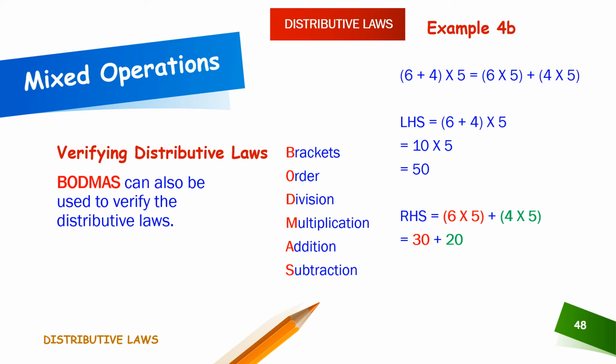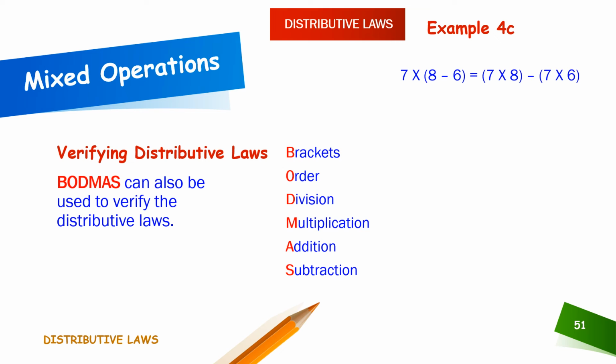In each of the brackets, we only have multiplication. So 6 times 5 is 30 and 4 times 5 is 20. And now let's consider the next step. There is only addition left, 30 plus 20, which is of course 50. So the left-hand side equals the right-hand side equals 50, and the second distributive law holds.